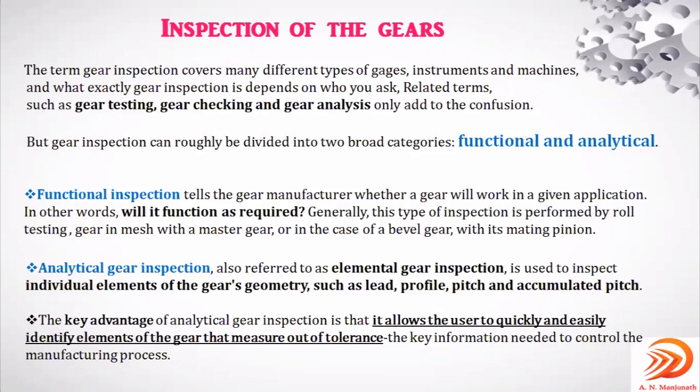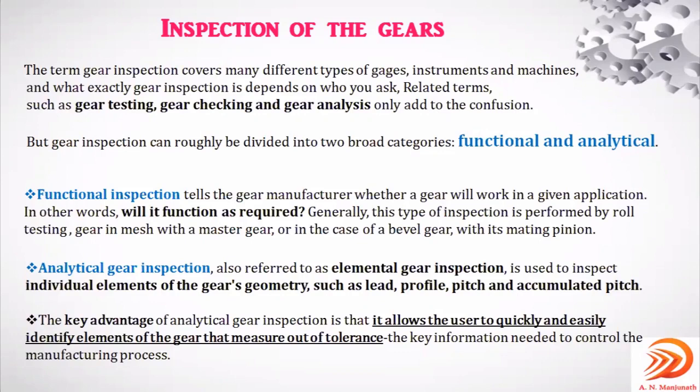Between these two, analytical gear inspection is the one usually used for inspecting the gear, right? As you can see over here, the last point, the advantage of analytical inspection is that it allows the user to quickly and easily identify the elements of the gear which are falling out of tolerance, whether the pitch, the concentricity, the lead, or the profile of the gear.